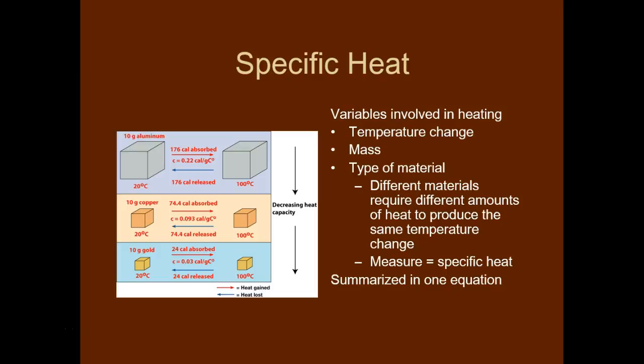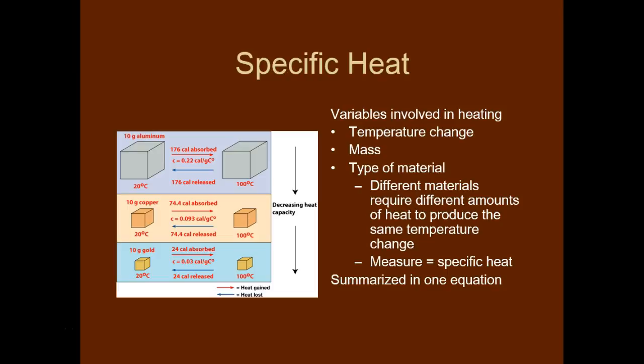So the guy holding the copper peg, it's not going to take long at all for that to absorb 74. It's going to take more than twice as long for the aluminum to heat up, so the guy drops that. So it wasn't the wimp factor, it was the specific heat factor.